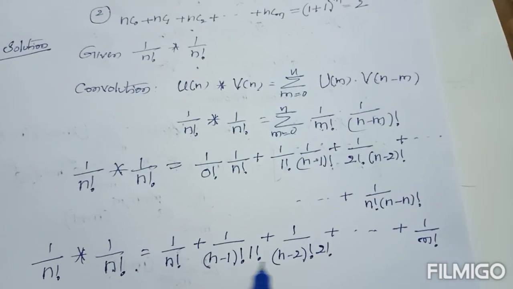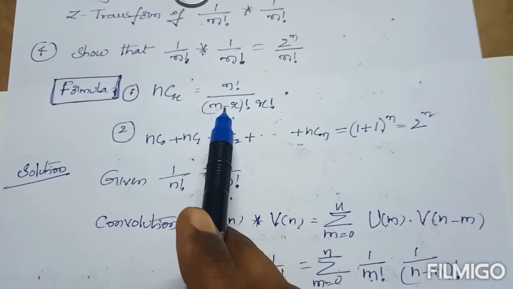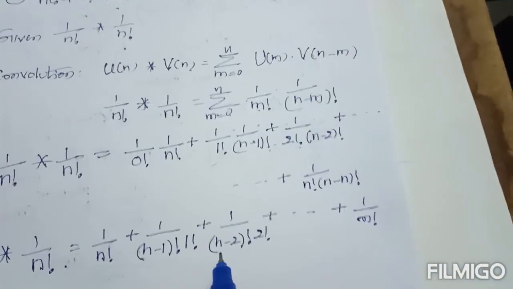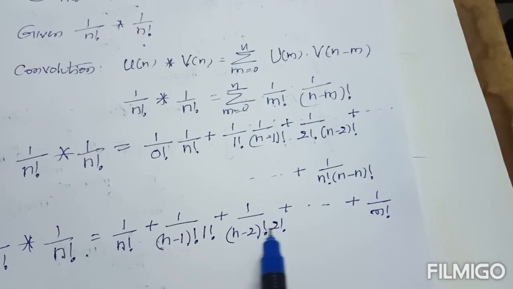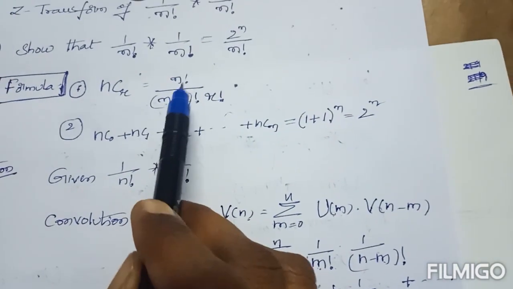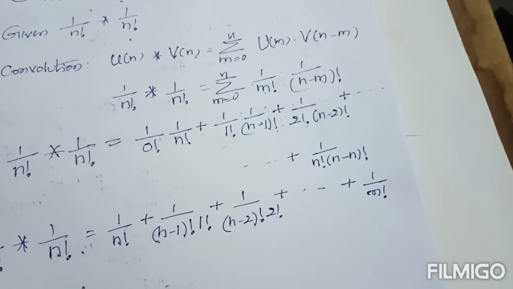Now this is similar to the first formula form. Look at the first formula: n minus r factorial. Here also, every denominator has n minus r factorial, but in the numerator we need n factorial. To get this form, take out 1 by n factorial as common.